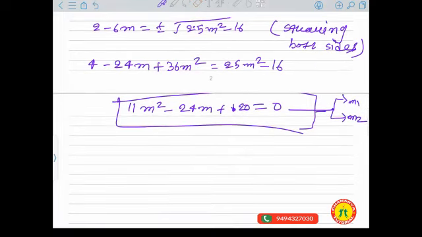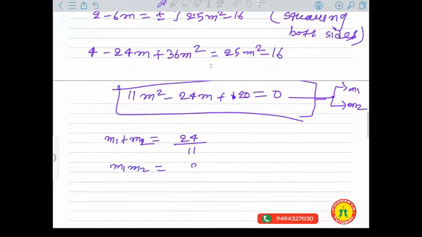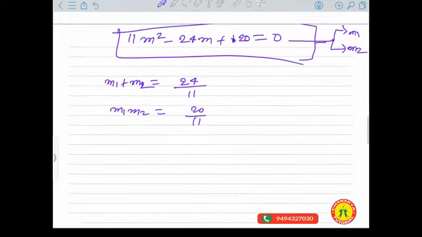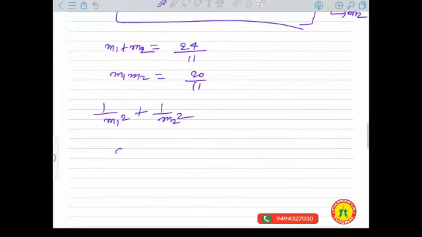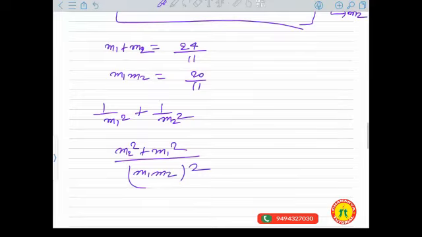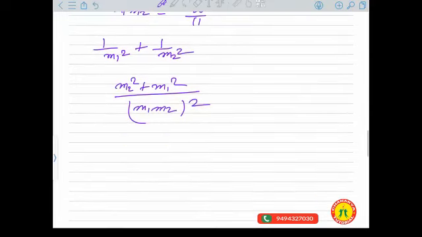So now we can apply sum of roots. m1 plus m2 is equal to minus b by a, that is 24 by 11. m1 m2 is equal to c by a, that is 20 by 11. Now we need to find 1 by m1 square plus 1 by m2 square, which is m1 square plus m2 square upon m1 m2 whole square. So how can we find m1 square plus m2 square?